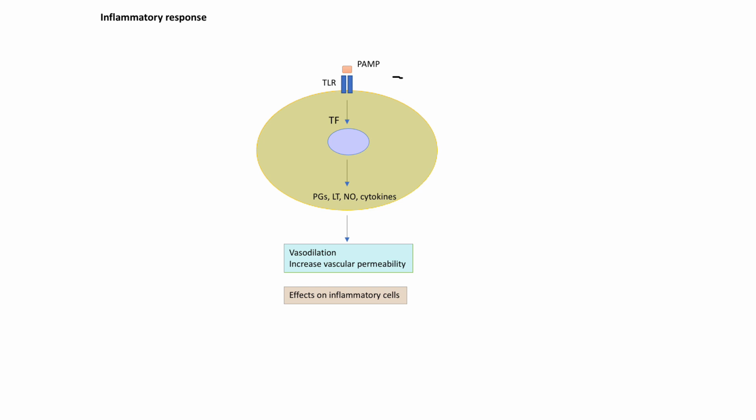Cell surface receptors like toll-like receptors detect pathogen molecules and damage signals, and they send downstream signals that result in activation of transcription factors like NF-kappa B, and these transcription factors then increase expression of some genes that results in production of mediators of inflammation like prostaglandin, leukotrienes, and cytokines.